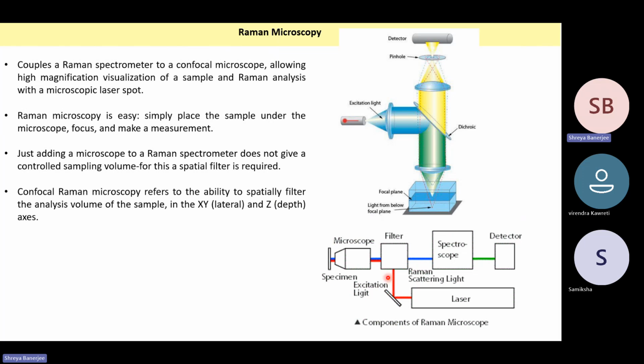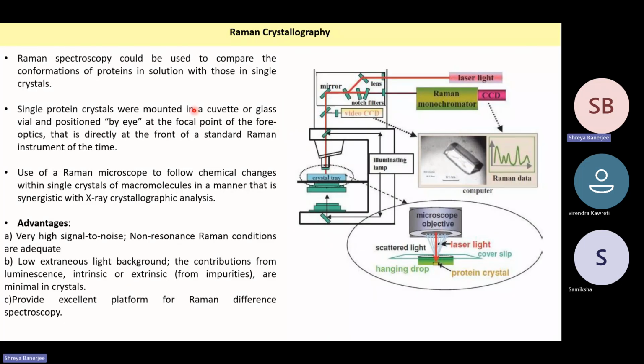So we can couple a Raman spectrometer to a microscope to magnify the sample we are visualizing and carry out the Raman analysis on one particular region of the sample. And we can also use Raman spectroscopy to study the events that are happening inside a crystal.